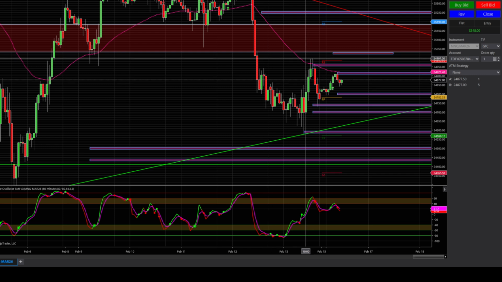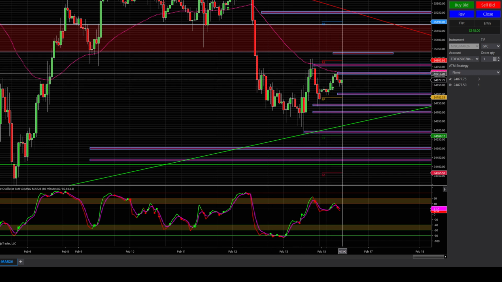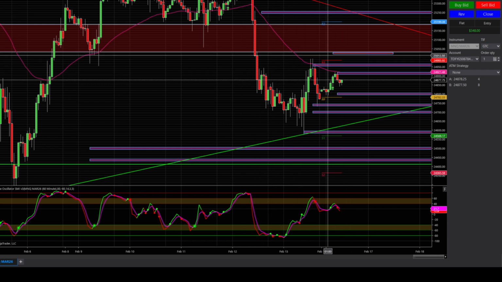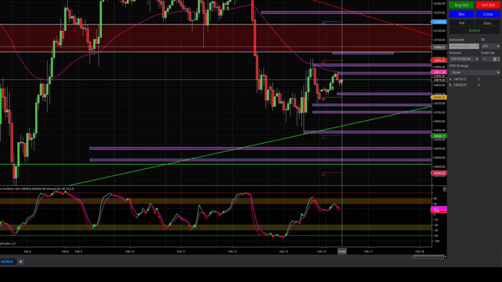All that would make logical sense if this cup and handle pushes and breaks structure. Say we break this PEZ zone, that'd be a break of structure, and if we get it with momentum, it could fill this entire imbalance zone right here. So that'd be a trade to be thinking about today to the upside.